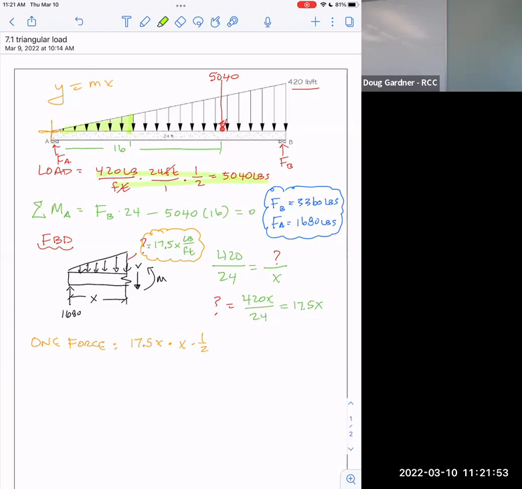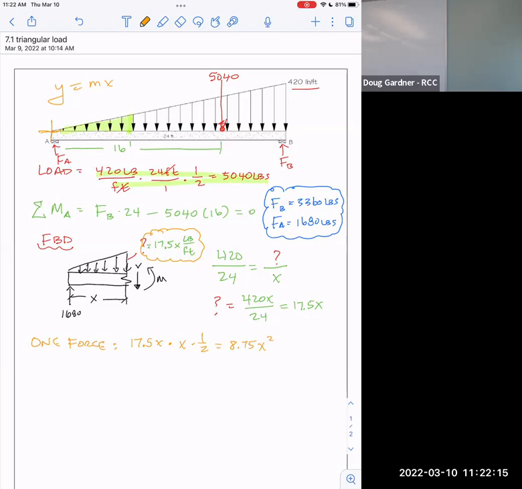Except this time, I get an equation. Half of 17.5 is 8.75. I'd rather write that than 17.5 over 2. I just want one number. And then I have x times x. And so that's actually my single force now. Again, it depends on where x is. It's not a number, because it depends what x is as to what that number is.